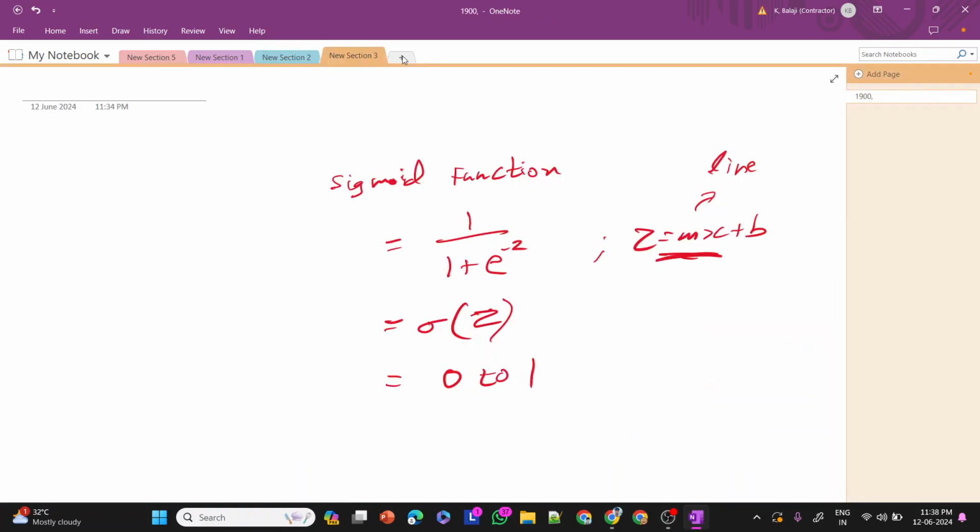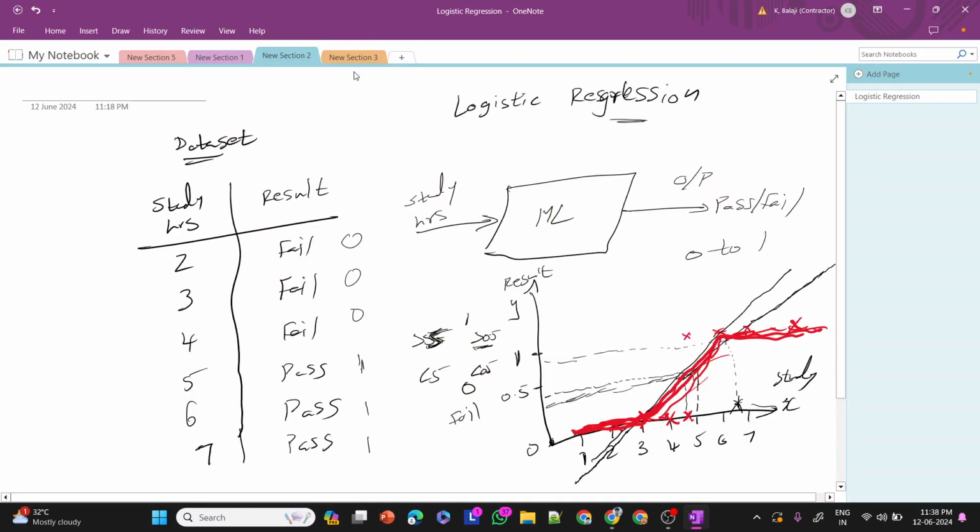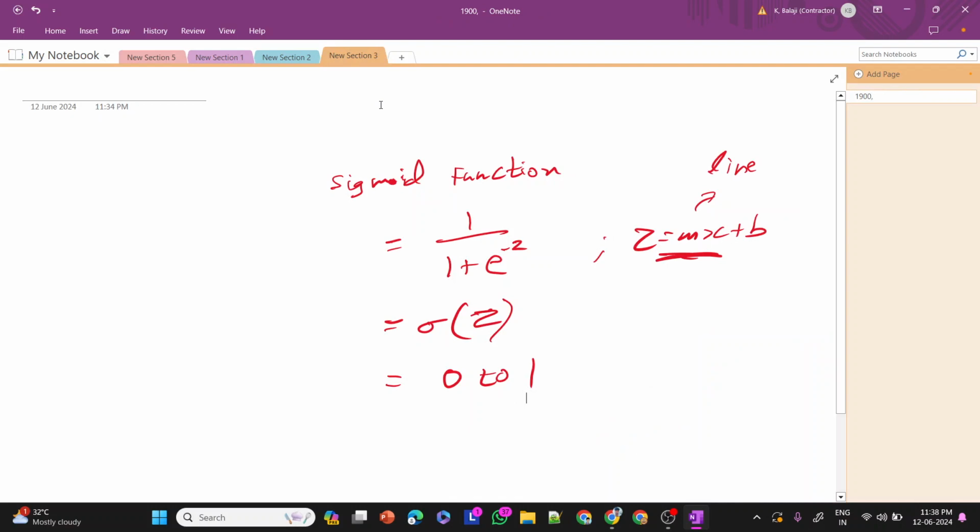By seeing these examples, we have a question in our mind: why do we not use linear regression for a classification problem?